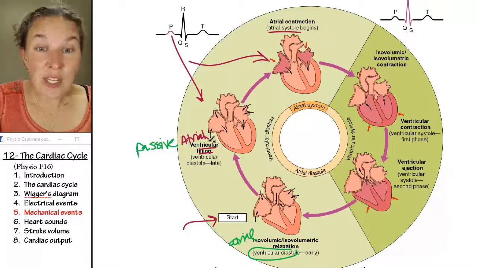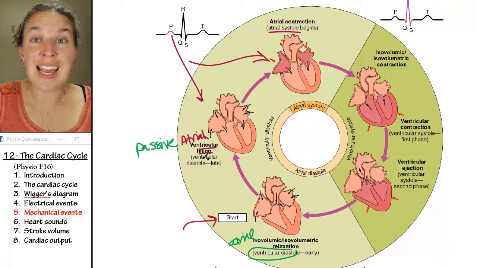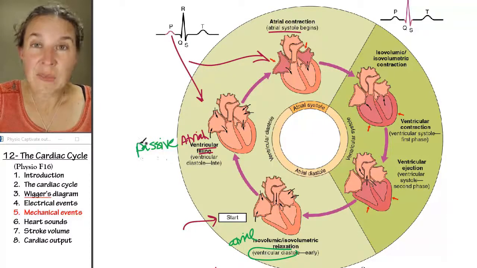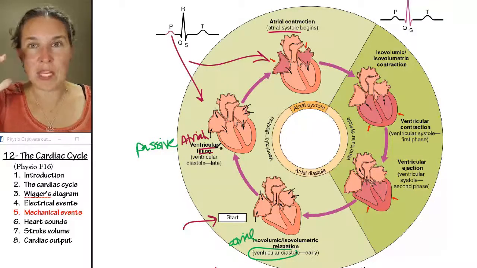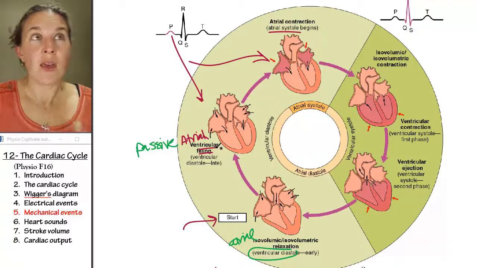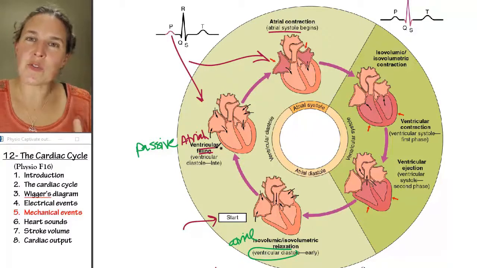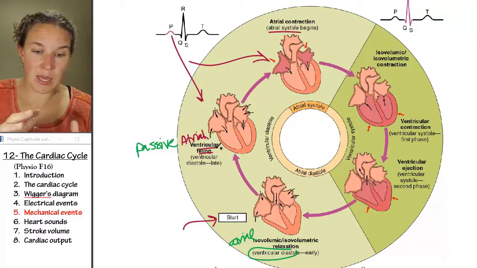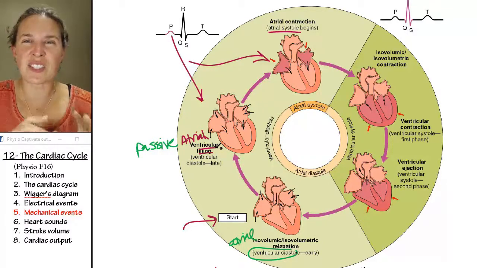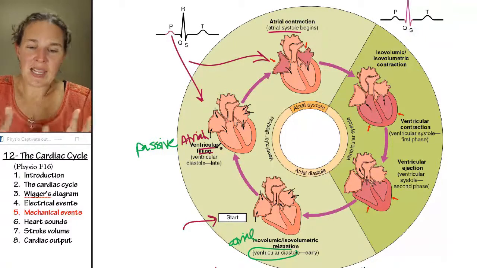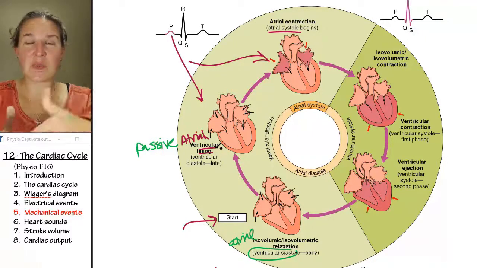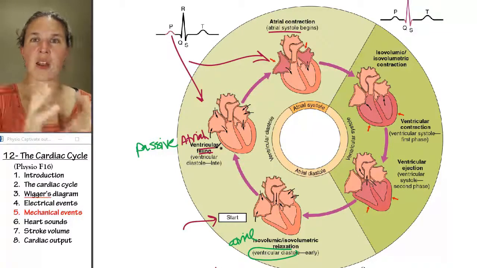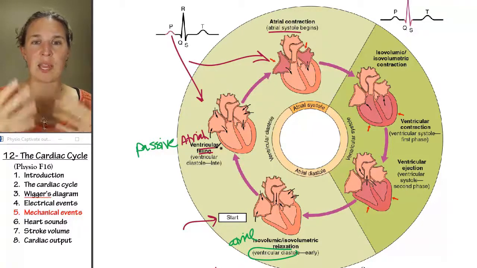During atrial and ventricular diastole, blood passively enters the heart. And when I say passively, I mean nobody's pushing it in. There's a little bit of a push coming from the veins because blood is being returned to the heart, and there's a little bit of pressure that's bringing that blood in. But the act of relaxation creates space for that blood, so it really is a pretty automatic thing that we end up with this filling.